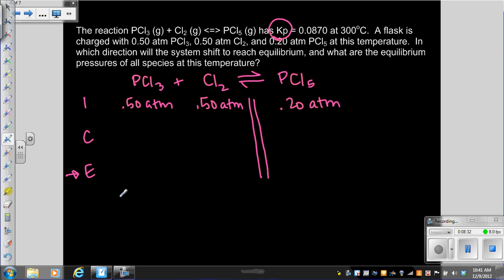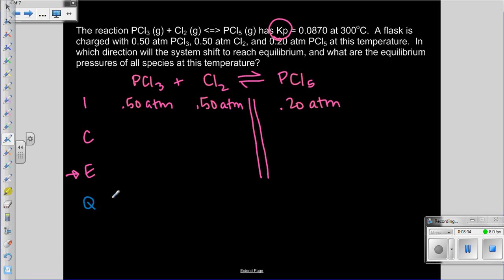So what we want to do is write Q. Remember that Q is written the same way that we write our equilibrium expression. So the pressure of PCl5 divided by the pressure of PCl3 times the pressure of Cl2. Let's go ahead and substitute our values.